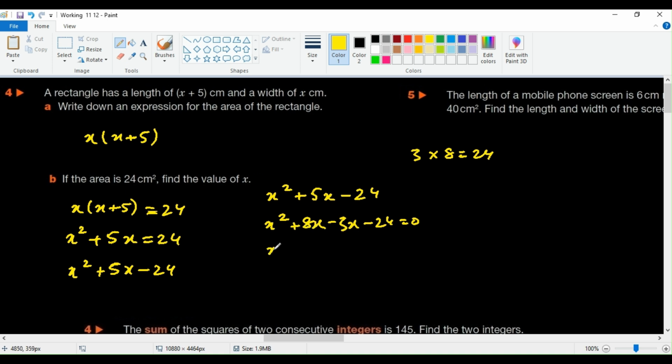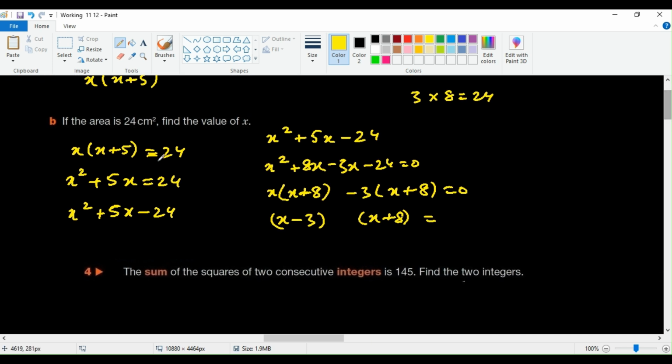So in here x squared I will write this way, and again I will write x plus 8 like this, and minus 3 I will write this way. So x minus 3 in the first bracket and x plus 8 in another bracket. That means two possible numbers are x minus 3 and x plus 8. x is equal to plus 3 and x equals minus 8.